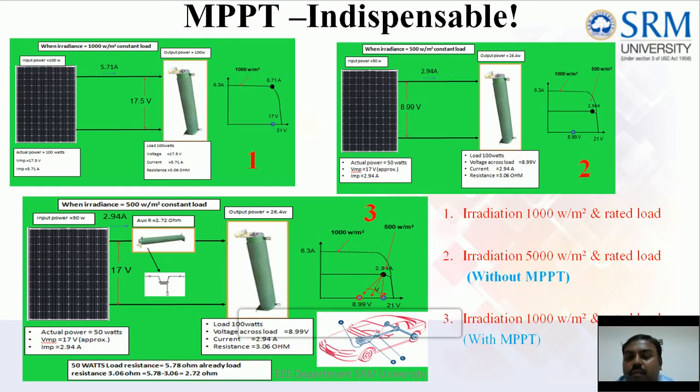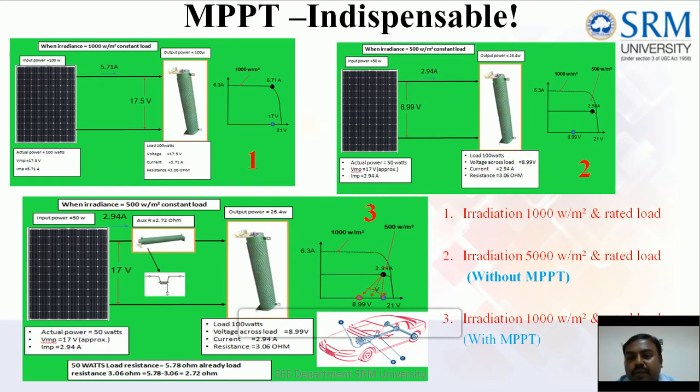Therefore, my voltage drops to 8.99 and my current is 2.94. So when I product that, I am getting only 26 watts, where at 500 watt per meter square, my PV panel is capable of giving 50 watts. So obviously I am losing 24 watts power if I am not using an MPPT system.